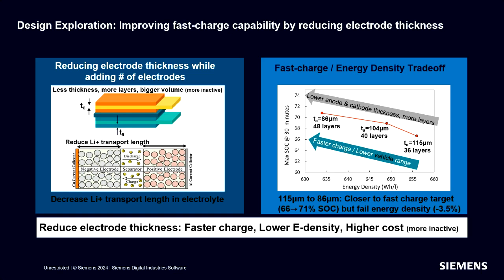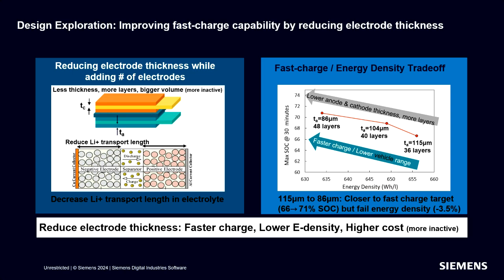We find that the fast charge target was improved from 66% to 71% when reducing the anode thickness to 86 microns, but there is a cost of about 3.5% in energy density. So reducing the layer thickness closes some of the fast charge gap, but not quite. And we were targeting a specific energy density.